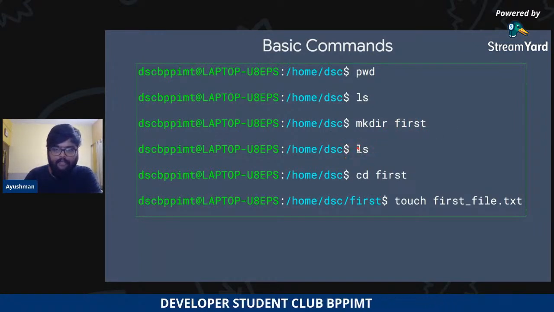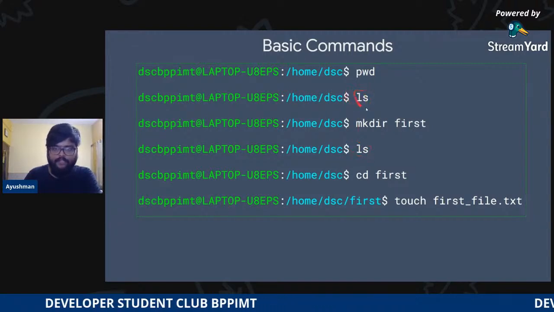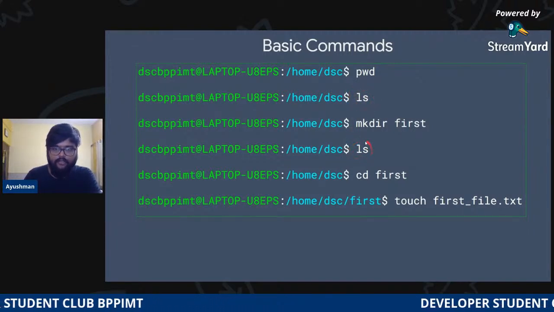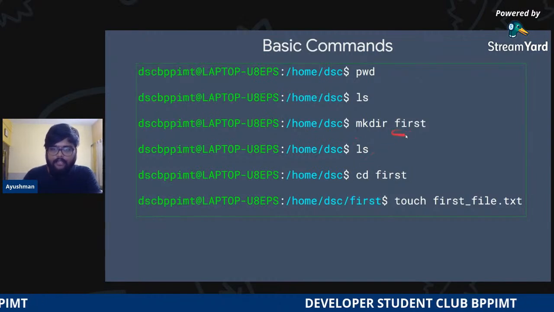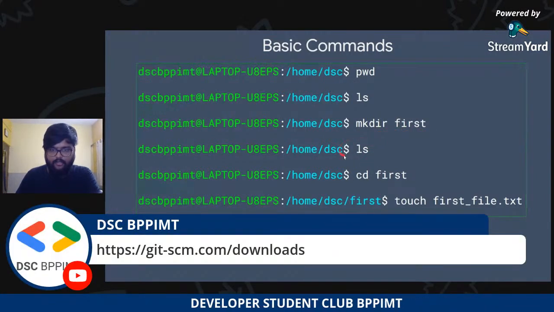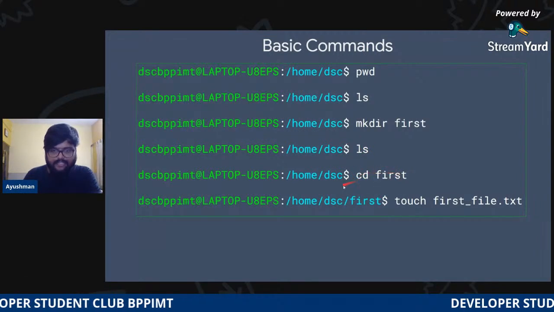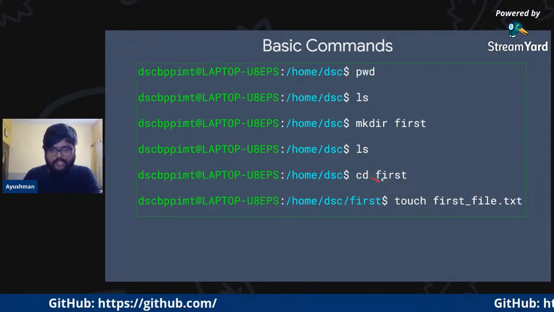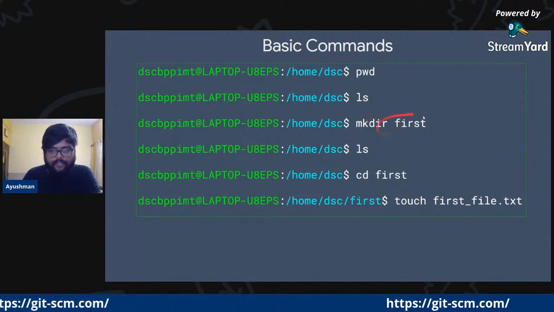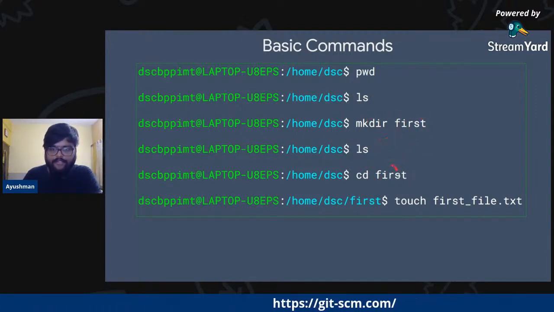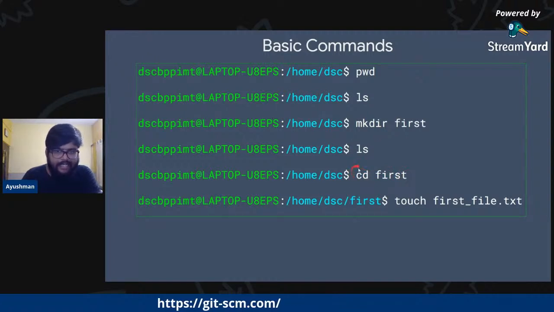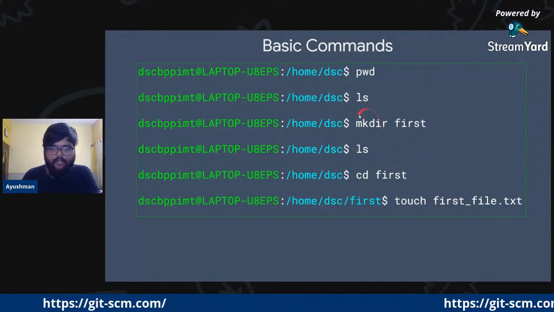If I then do ls, it will show the folder first here. Then I will cd into first, that is, change my directory to first, getting inside the folder I made. The name of the folder is first, and using the cd command I can enter this particular directory.